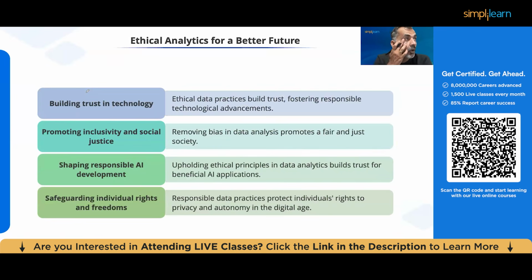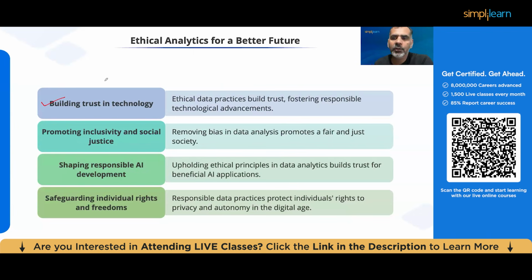So now we can talk about ethical analytics. Ethical analytics means data ethical practices in data analytics for a better future. The very first thing is we want to build trust in the technology. So when you enforce all these key principles, accountability, transparency, privacy, security, and fairness, these are the five principles of data ethics.